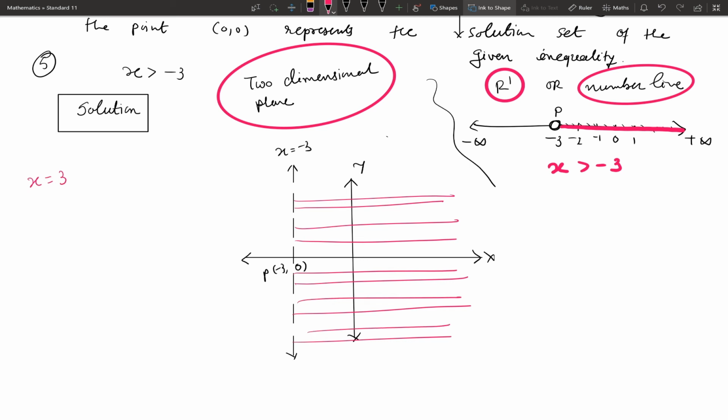So we can mention that the origin, point 0, 0, if we put the coordinates of the origin in the inequality, 0 greater than -3 in the xy plane, which is true.